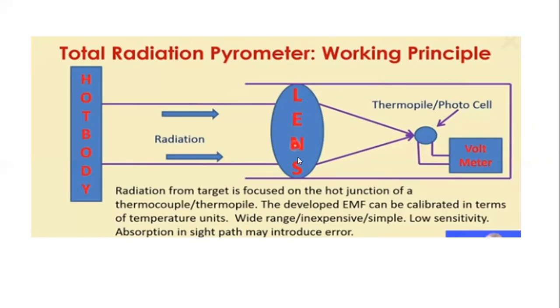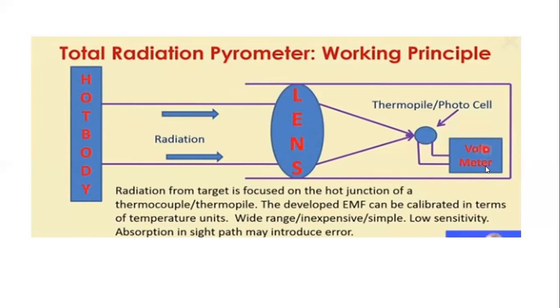Okay, so we can adjust the lens angle to focus it onto the thermocouple. The thermal radiation hitting the lens can be focused onto the thermocouple or detector. So this one may be a thermocouple, and the thermocouple will provide an EMF corresponding to the intensity of radiation.